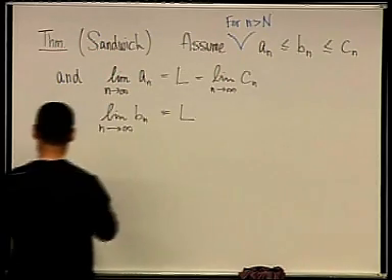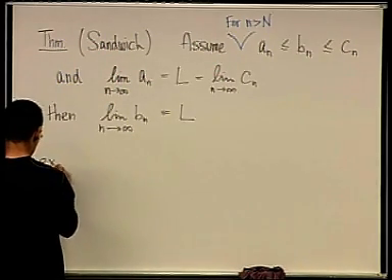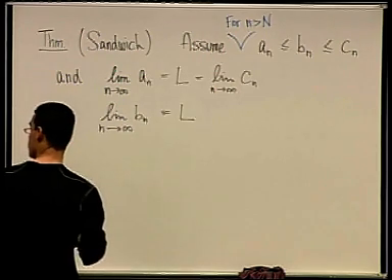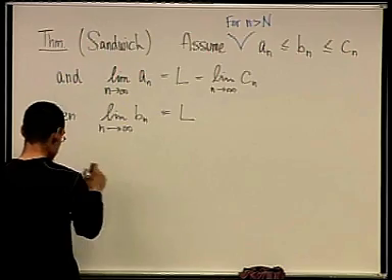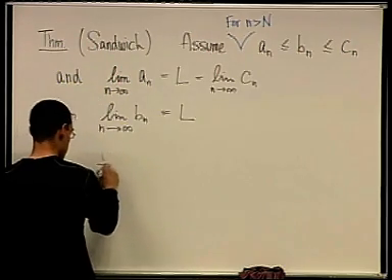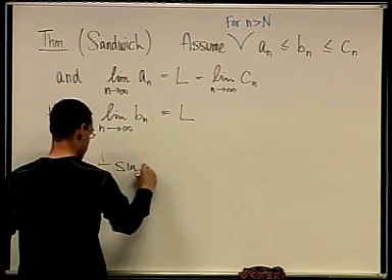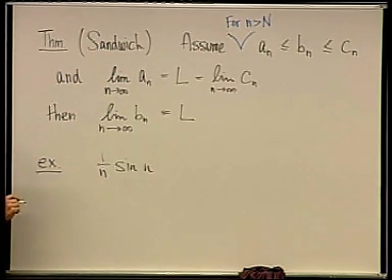Okay, so let's do an example. Maybe let's do a couple of examples. So let's look at this example: 1 over n times sine n. We did similar things for functions, very similar.